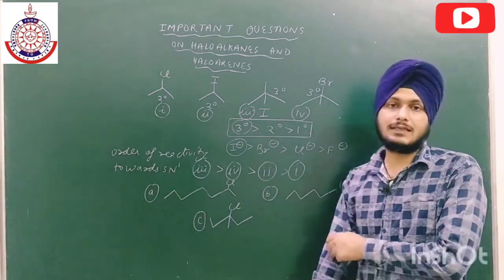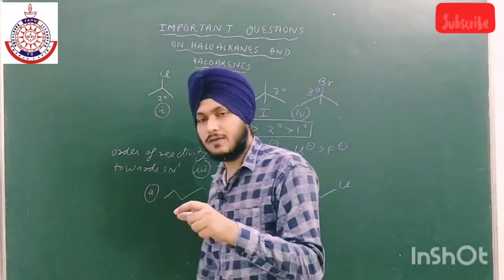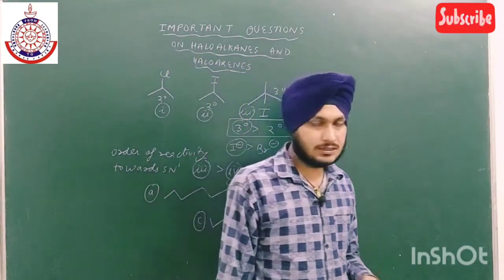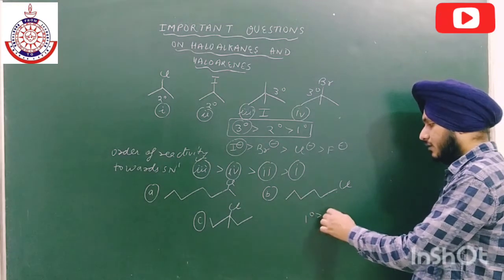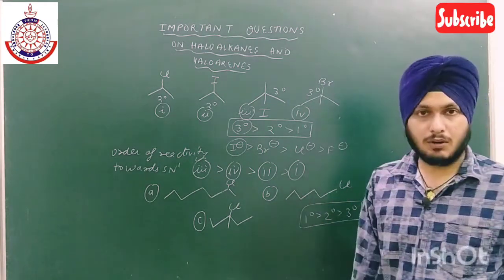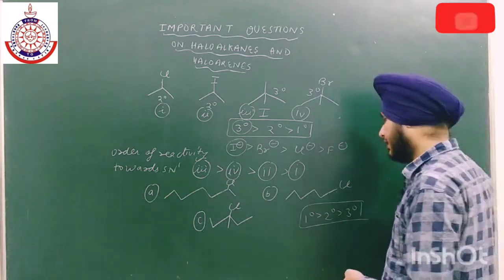Now we all know SN2 reaction, the order of reactivity is inversely proportional to the steric repulsion. So the order of reactivity is 1 degree, then 2 degree, then 3 degree. So 1 degree will give us the faster reaction, then 2, and then 3.